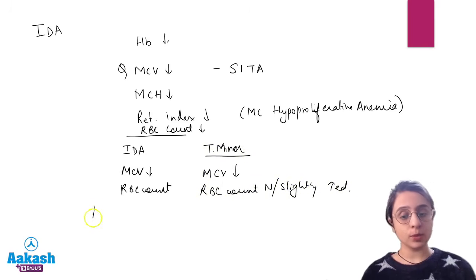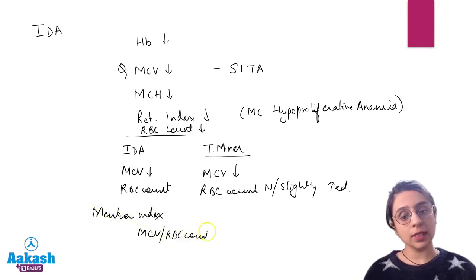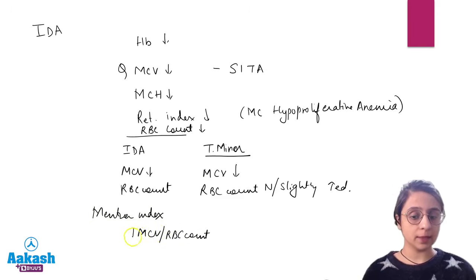Now let's come to the Mentzer index. Right, so how do you calculate it? You calculate it by MCV divided by RBC count. In both conditions, our MCV is decreased, but it depends on the RBC count. In iron deficiency anemia, the RBC count is also decreased, and thus the Mentzer index will be more than 13, very important.